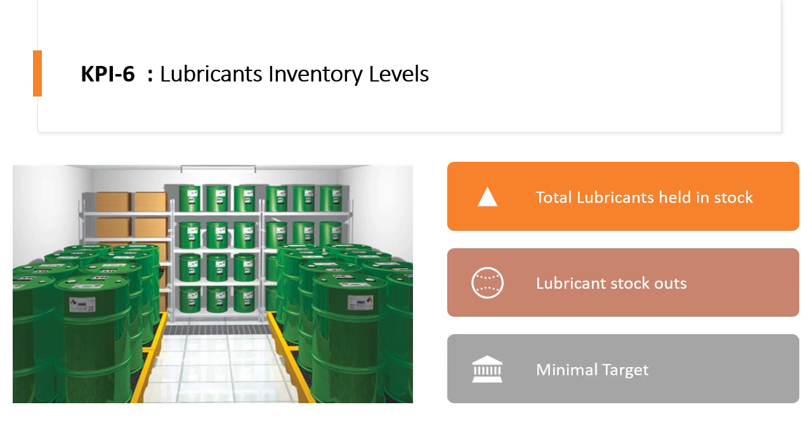So in both cases we should have a minimal target, meaning very little lubricant in our inventory, as few varieties of lubricants as possible, and we should avoid any lubricant stockouts.